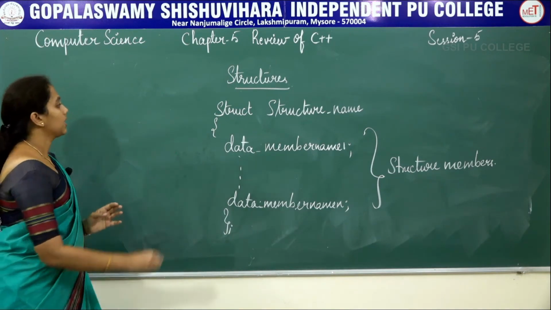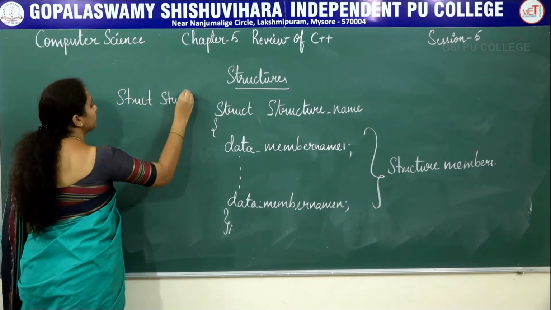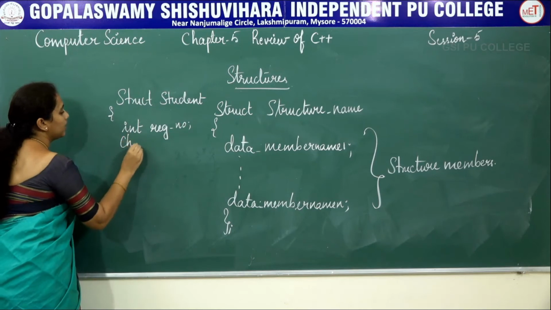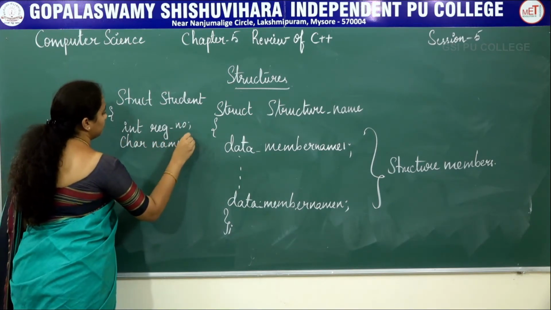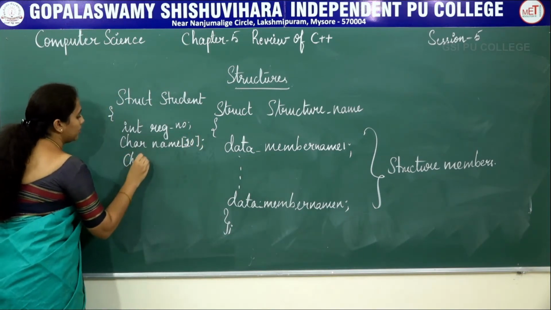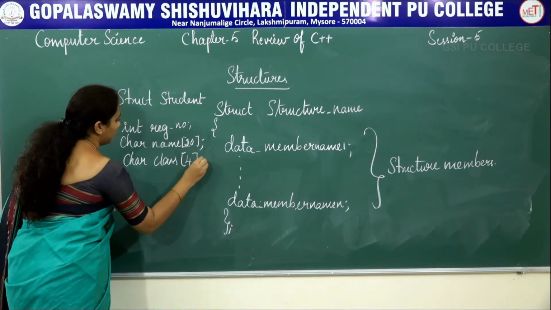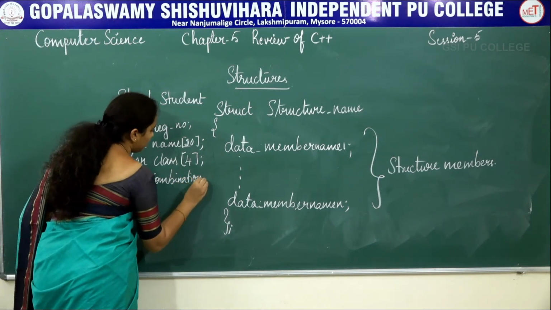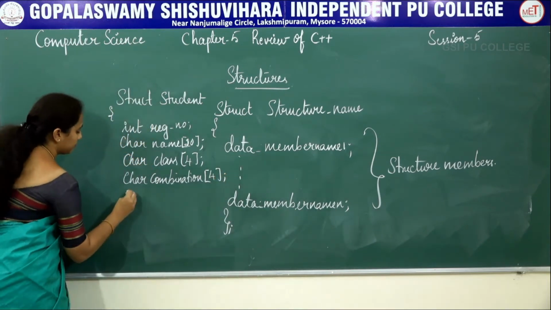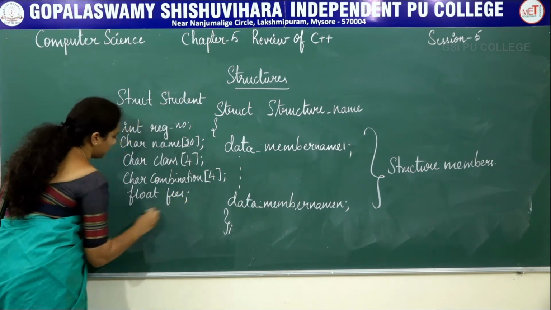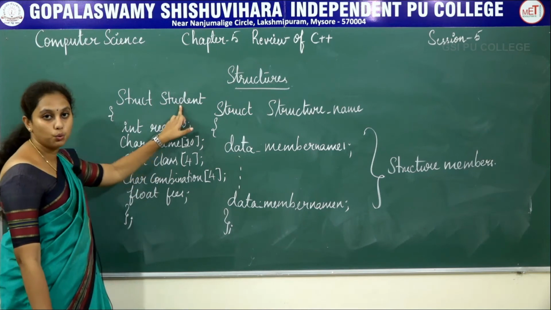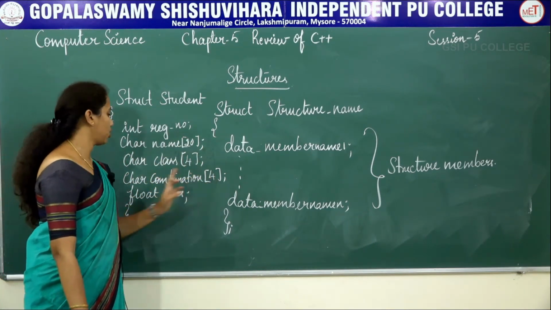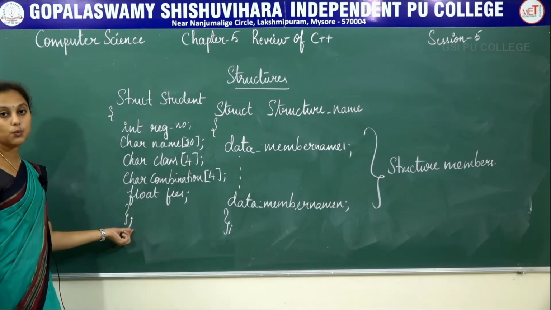An example is struct student: int register number, char name of 20, char class of 4, char combination of 4, and float fees. Here the structure name is student, the members are as listed, and we terminate with a semicolon.